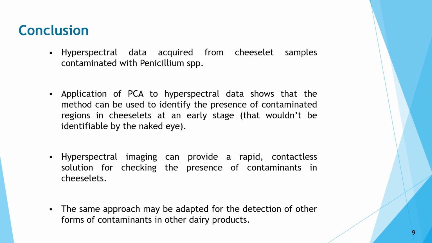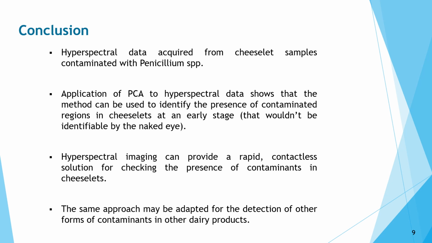In conclusion, in this work we wanted to evaluate whether hyperspectral imaging can be effectively used to detect contamination, in this case penicillium contamination, on cheeselet samples. The reason is that, if effective, hyperspectral imaging can provide a rapid, contactless and non-destructive approach to carry out such tests.